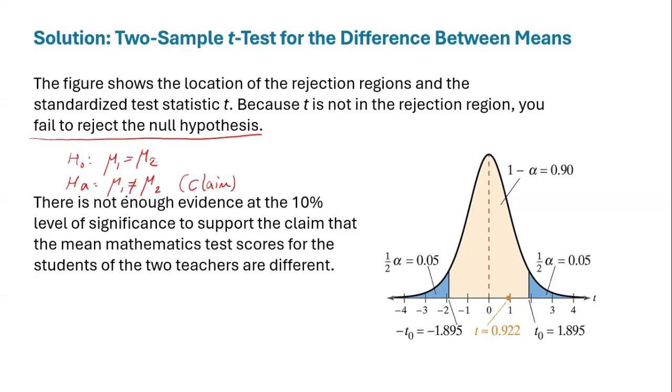The alternative is the claim. Anytime the claim is on the alternative, I'm going to use the word support. But I'm rejecting, so I cannot support it. So it means that there is not enough evidence at the 10% level of significance to support the claim that the mean mathematics test scores for the students of the two teachers are different.